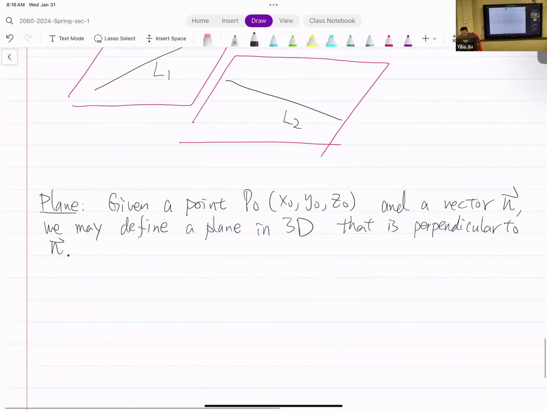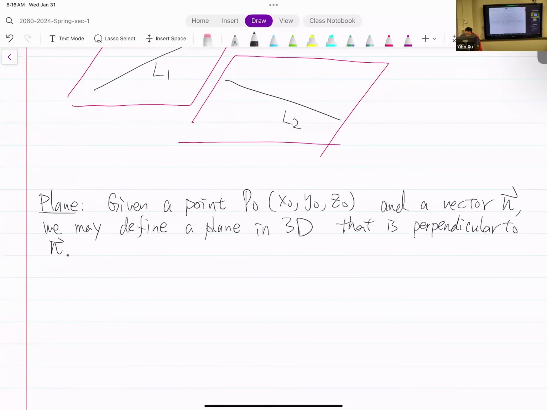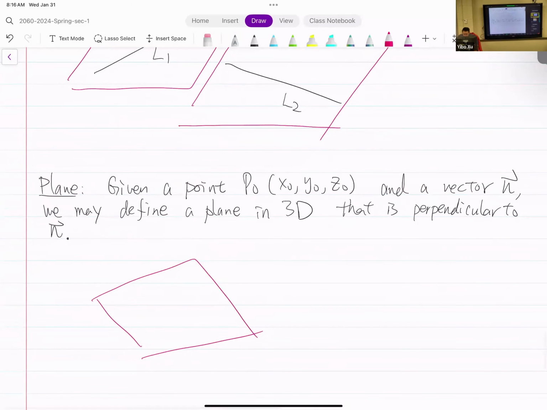So basically, for a plane like this, that's just a quick sketch. You can think about a direction that's exactly perpendicular to the entire plane. Okay? So that is the normal vector n that we are looking at right here. And this solid point is the point P0 that we start with.